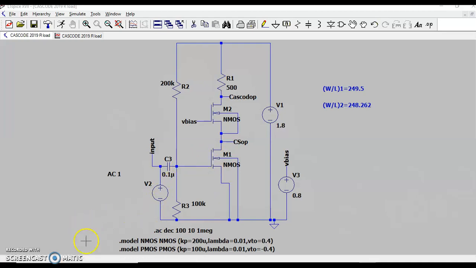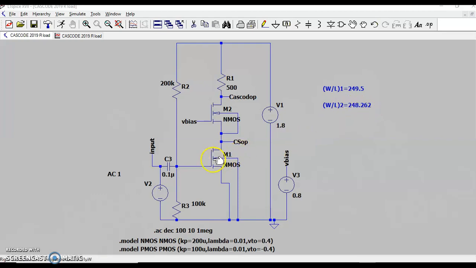So we have these values, and you can see W by L of first transistor, second transistor have been listed here. You can find out what is the dimensions of each of the transistors. We'll just see it now. The dimensions of first and second transistors as per the design is 249.5, and this is 248.262.